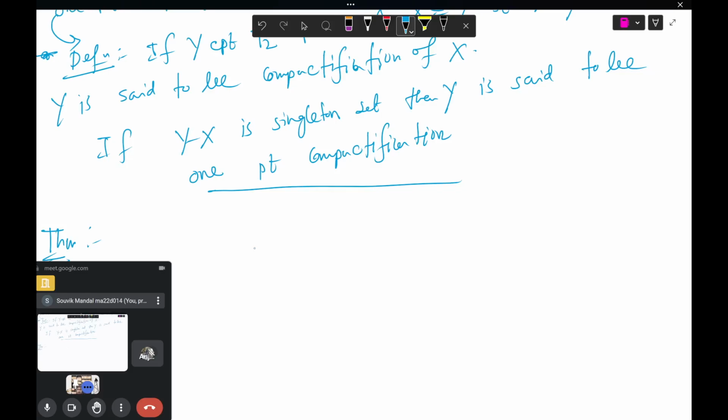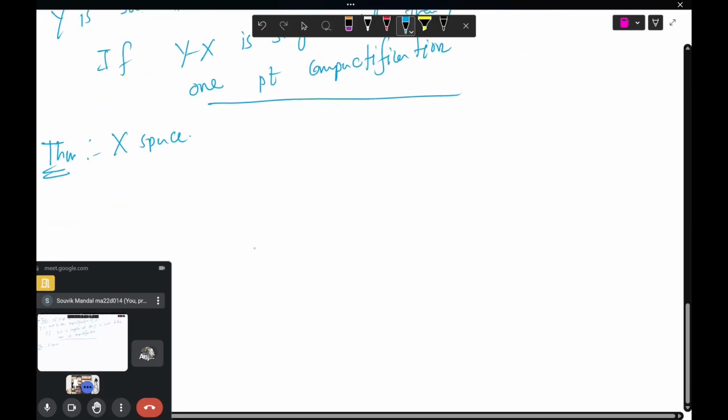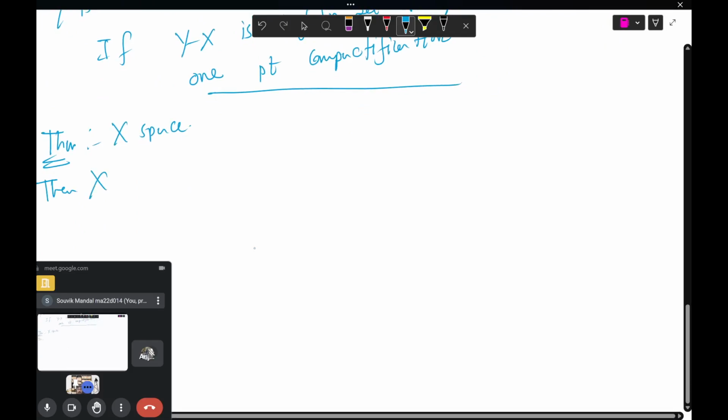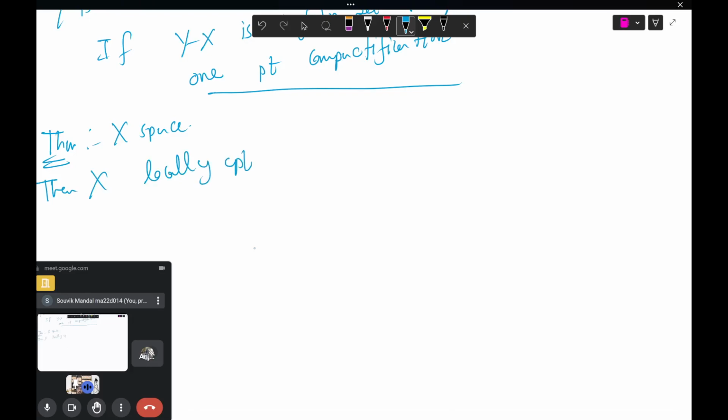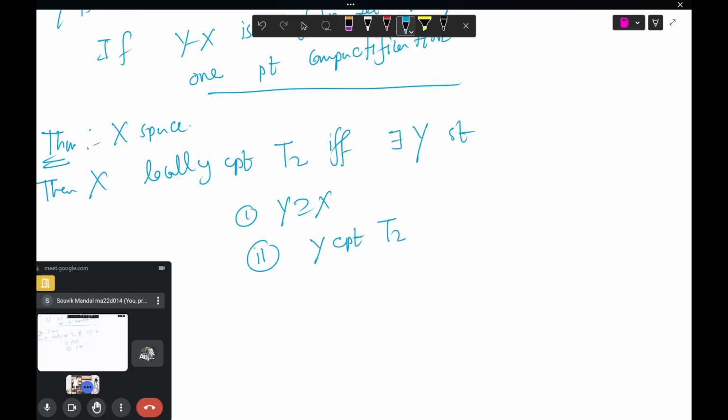That's the theorem. So let X be a space. Then X is locally compact Hausdorff if and only if there exists a Y such that Y contains X as a subspace, Y is compact Hausdorff, and Y minus X is a singleton.